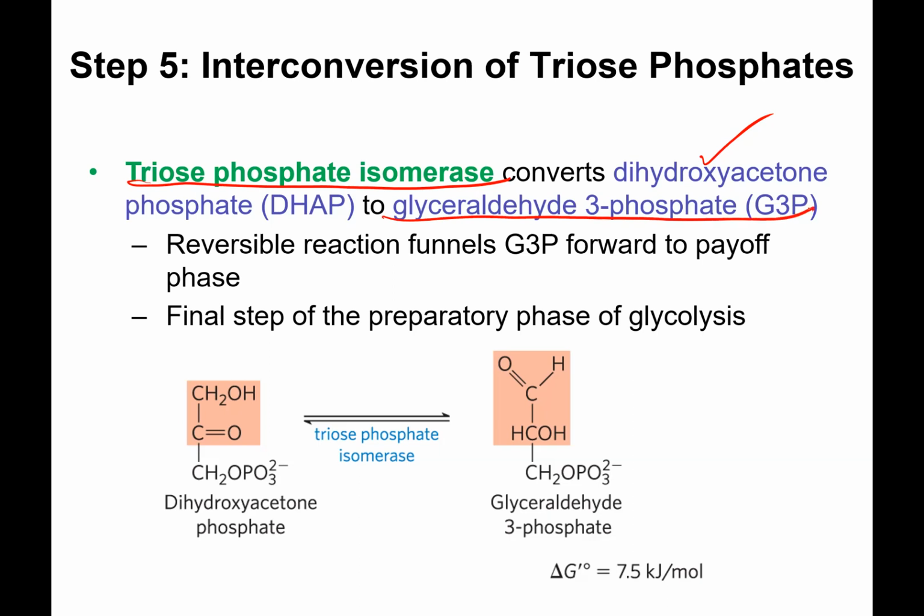This is a reversible reaction, but if we're going in the forward direction, we're going to get all G3P. We're going to head to the payoff phase. And this is the final step of the preparatory phase of glycolysis. Readily reversible, why? 7.5 kilojoules per mole is not insurmountable. So it can go either way, depending.